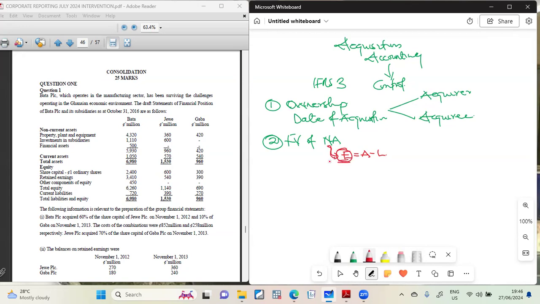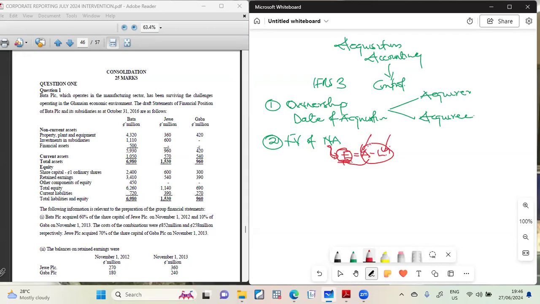Then any omissions that should result in my equity, I will pass. We call those fair value adjustments. So anytime you are doing your workings, use this accounting equation, because the fair value adjustment is not only on assets, it is also on liabilities too.